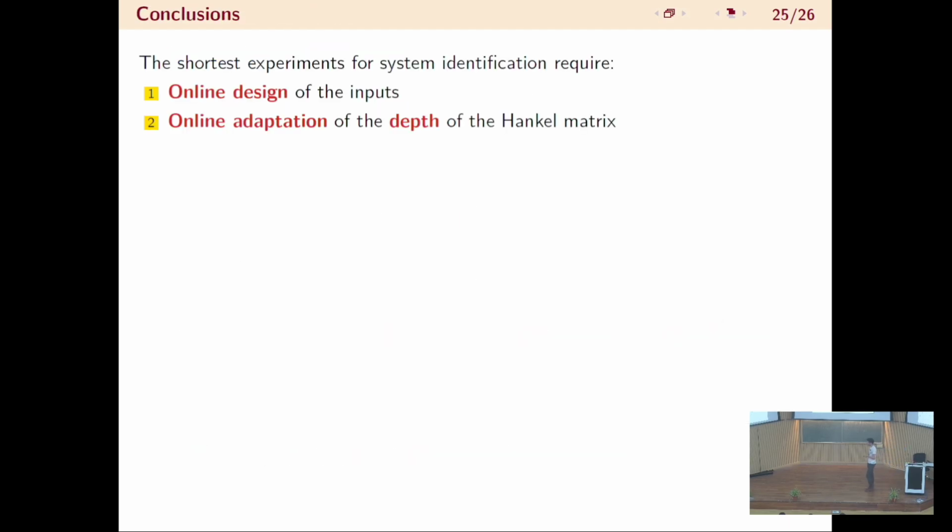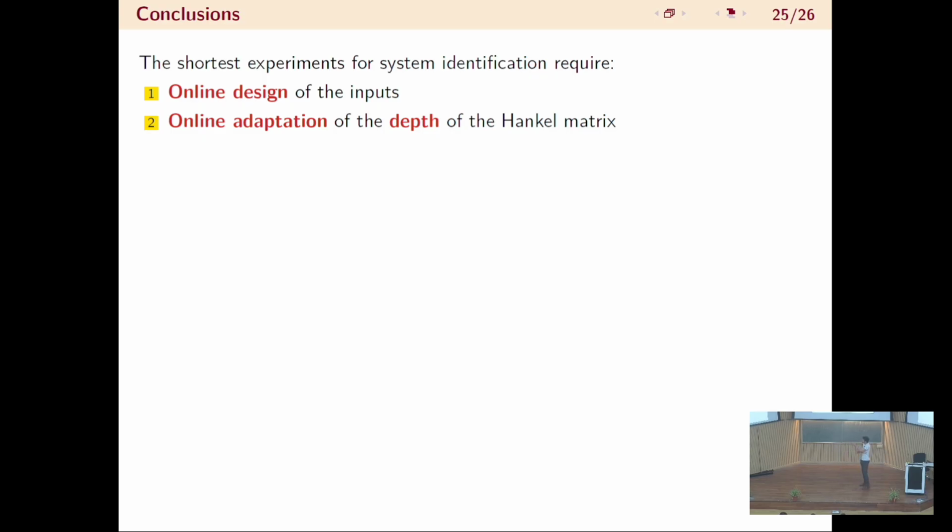Now, let me conclude then. So, to generate the shortest experiments for linear system identification, you need 2 ingredients. First of all, an online design of the inputs. So always I choose my inputs on the basis of past inputs and outputs.